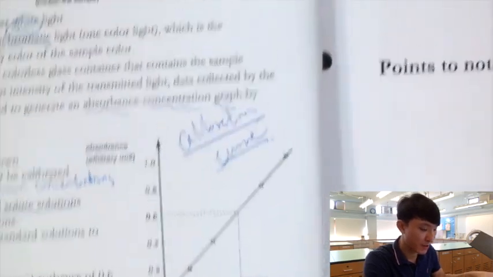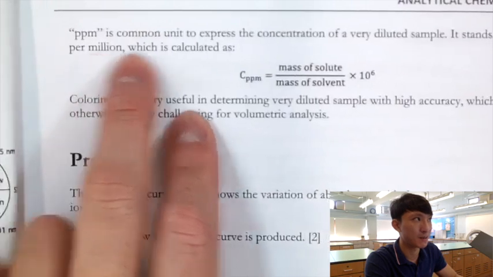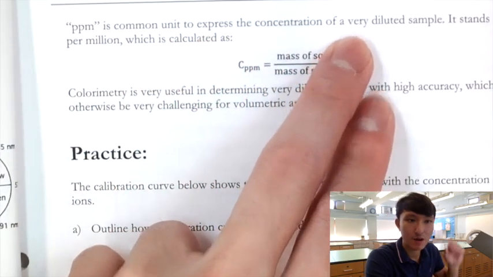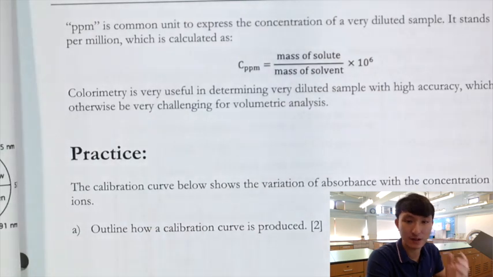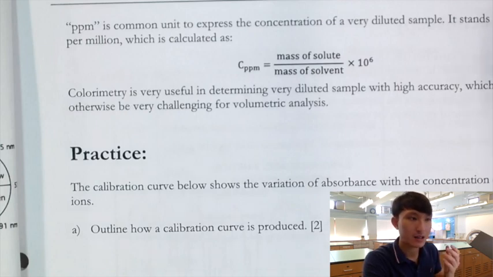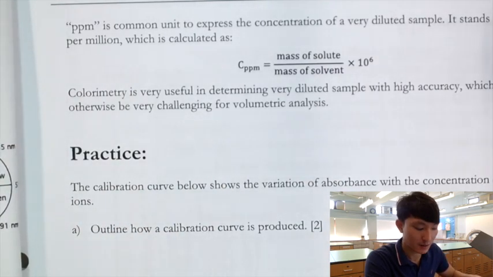So over here on the right hand side, ppm is a common unit to express the concentration of a very dilute sample. Now, this is one of the advantages or strengths of colorimetry, or the instrumental analysis, because if our sample is very, very diluted, so diluted to the point where titration is not feasible, then we need to use the instrumental analytical method.